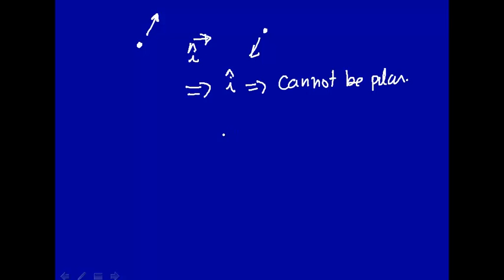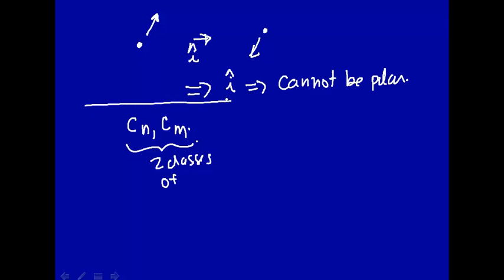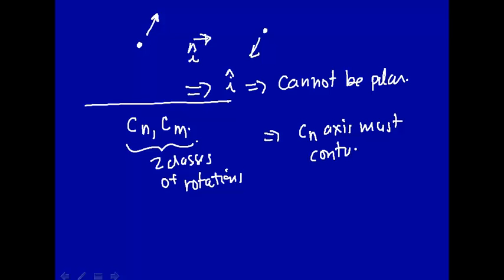And let's look at some other things. Suppose that you have a Cn axis and then another Cm axis. So you have two different classes of rotations. Now, just like we said for the C3 dipole moment, this implies that one of these axes, say a Cn axis, must contain the dipole moment, which we give the symbol mu.